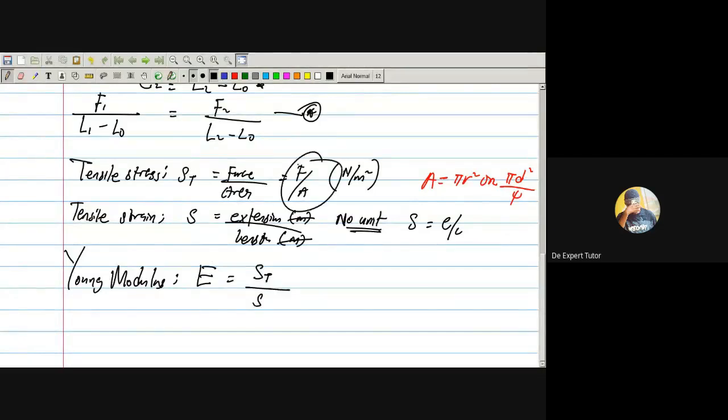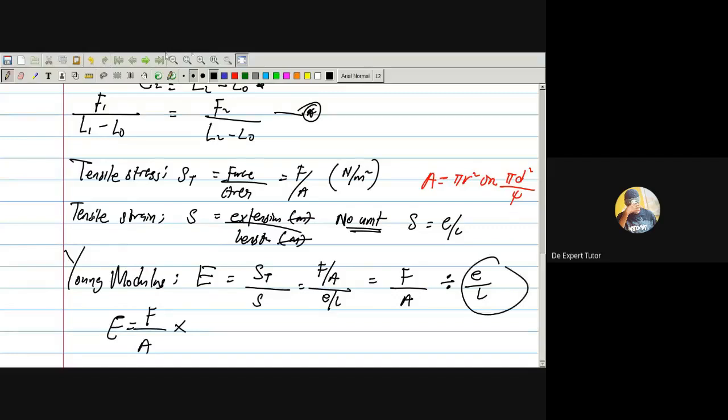That is whatever you have here divided by whatever you have here. So we have force over area divided by extension over length. In primary school, I was taught this and I can still remember it. Whenever divide changes to times, our force over area times this one will flip over.